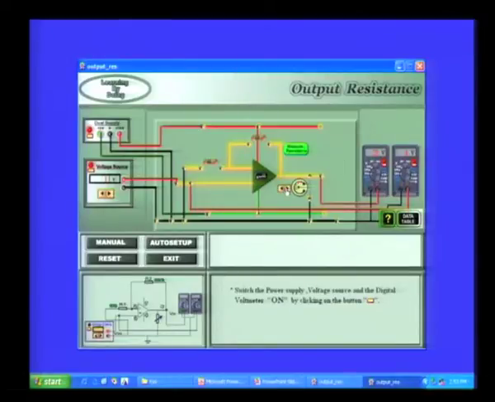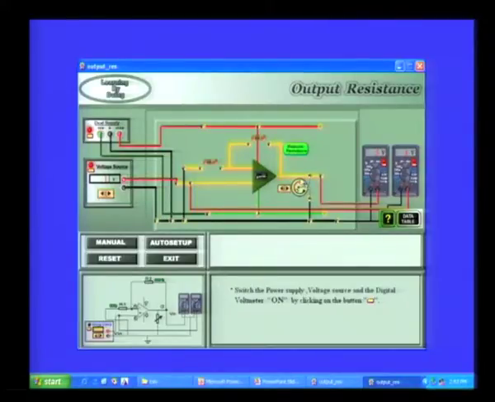You find the output voltage is now 0.5. Previously the measured voltage was 1 volt and now it is 0.5 volt, that means it has become V0 by 2. The output voltage is half, and at that time I should know what is the resistance that I have included in the circuit in the variable resistor.